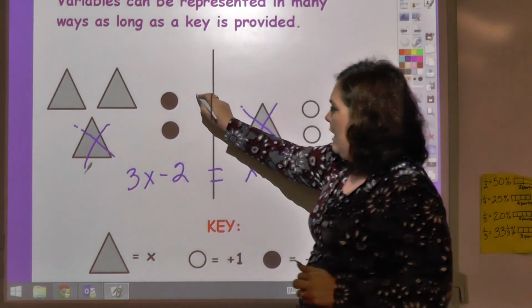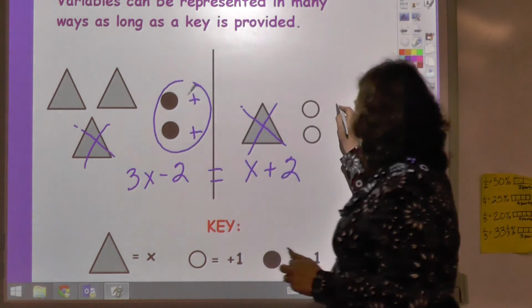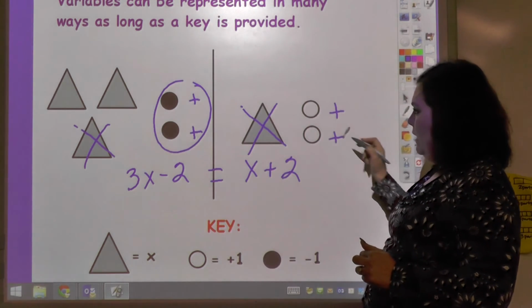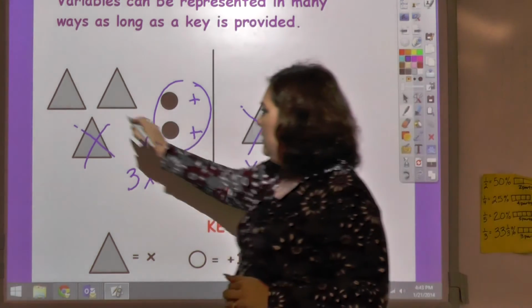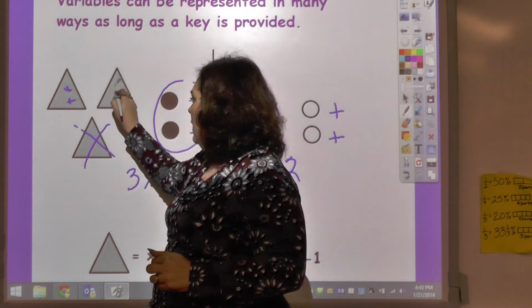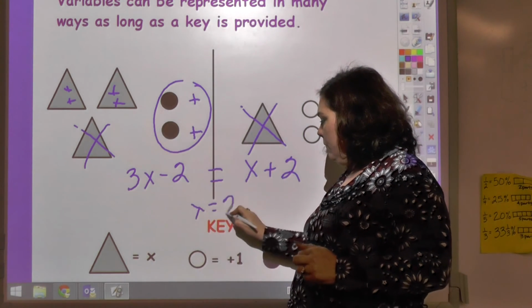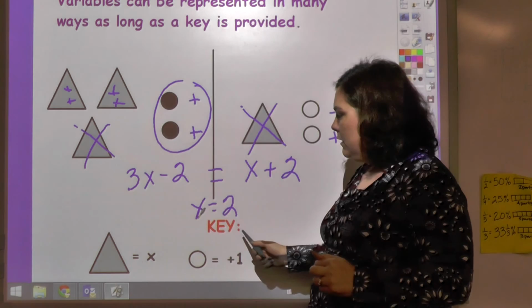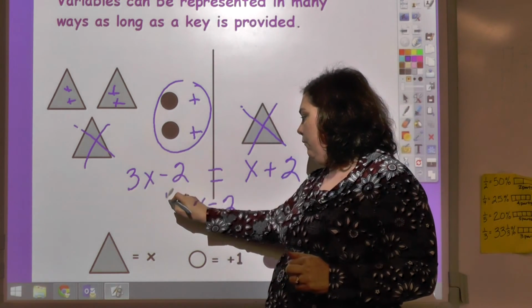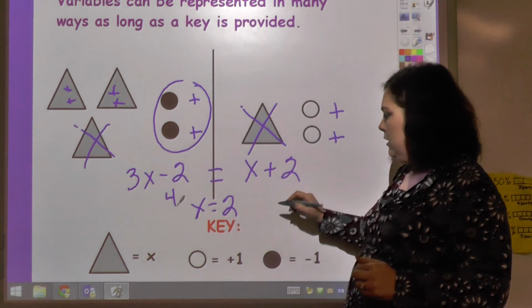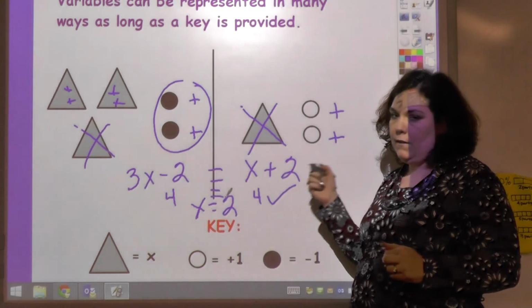And then I want to add a positive, positive to zero this out and add a positive, positive. And now it's 2x equals 4. Well, of course, 2 of these are going to come here, and 2 are going to come here. So x equals 2. And let's see if that works out. 2 times 3 is 6, minus 2 is 4, and 2 plus 2 is 4. So it checks, it balances.